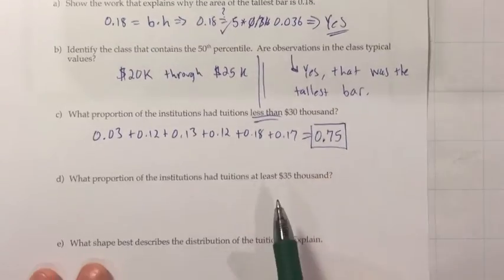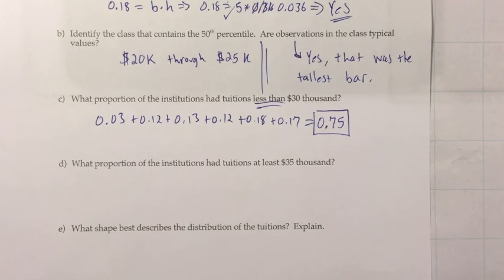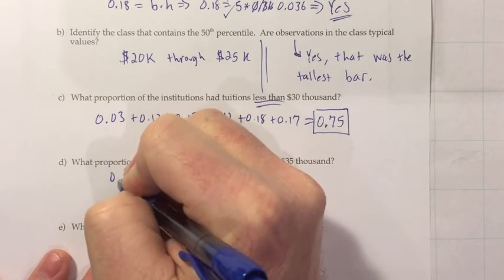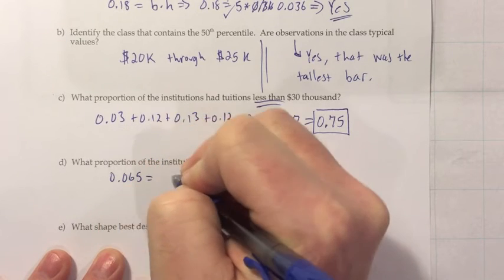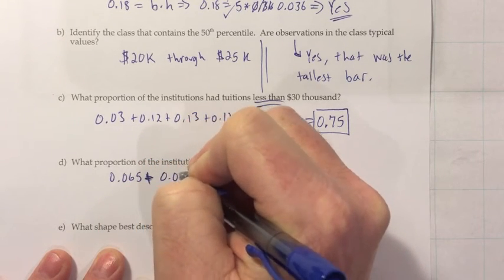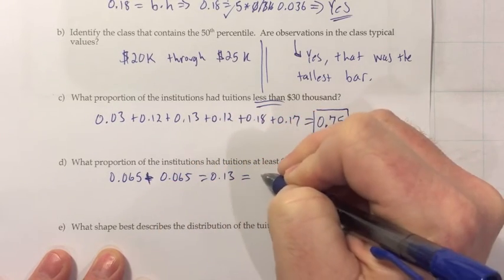All right, so what proportion of them had tuitions of at least 35,000? Well, we can see that it's the 0.065 plus the other 0.065 now that I've got it labeled. Sorry, that would be a plus sign, which is 0.13 or 13%.